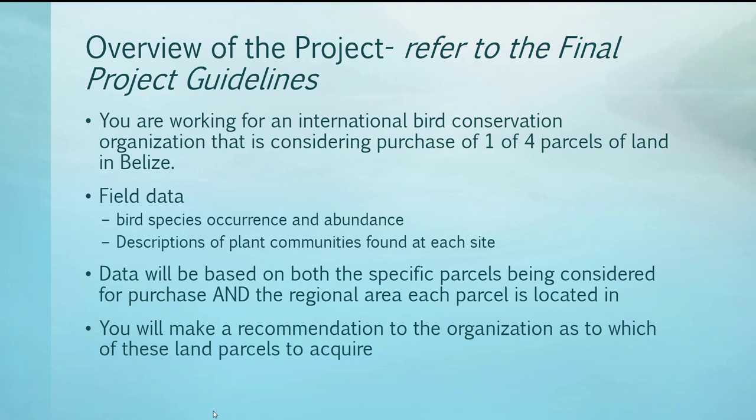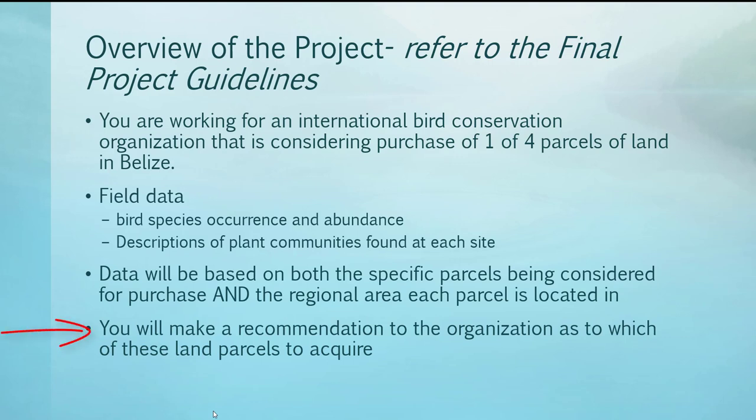The data that we're collecting is not just of each individual parcel, but includes the area around it as well, which gives us an idea of the entire ecosystems that it's found in. And then, by the end of the project, after analyzing the data and fully incorporating your understanding of the field of ecology, you will make a final recommendation.